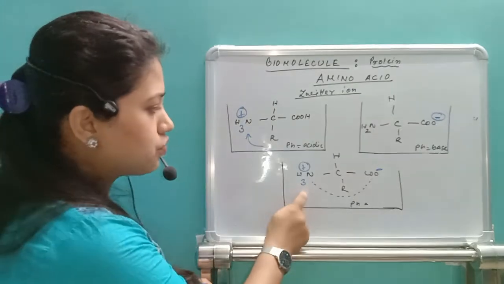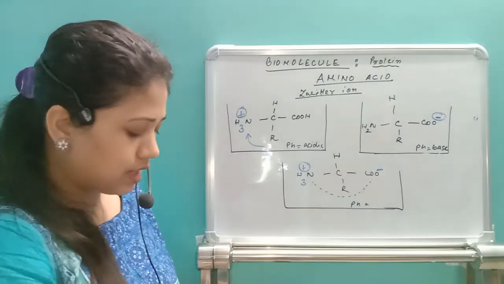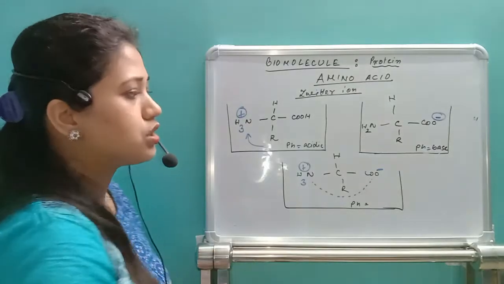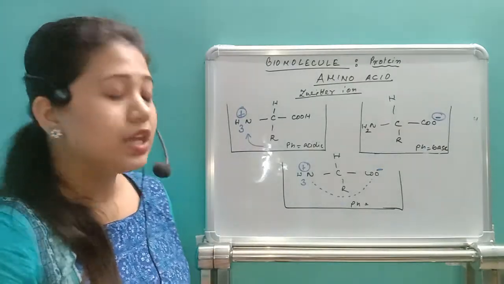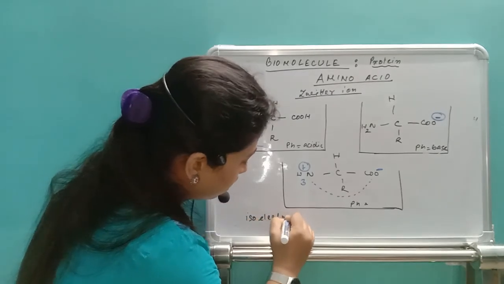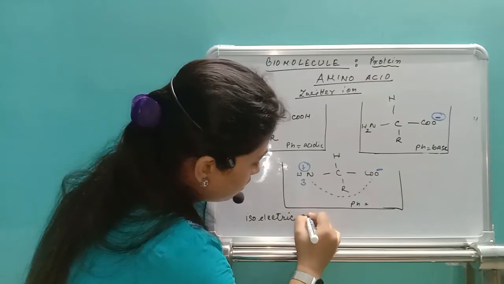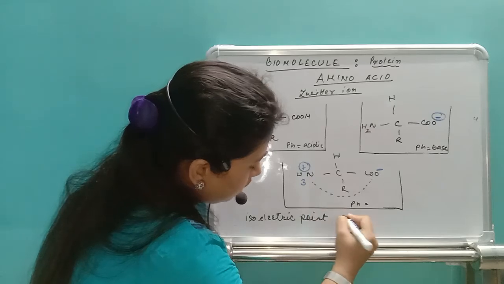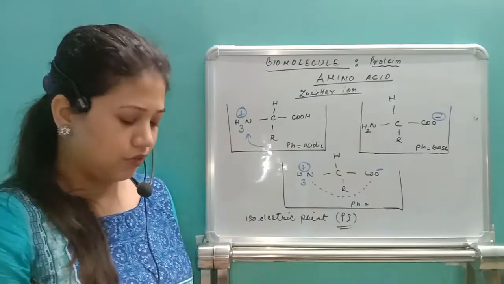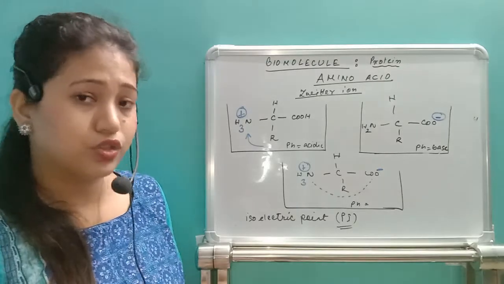Remember this will be the Zwitter ion, and that specific pH when this Zwitter ion forms will be called the isoelectric point. The isoelectric point can be written as pI, and we have seen in chemistry that we have to find out the pI of a solution.